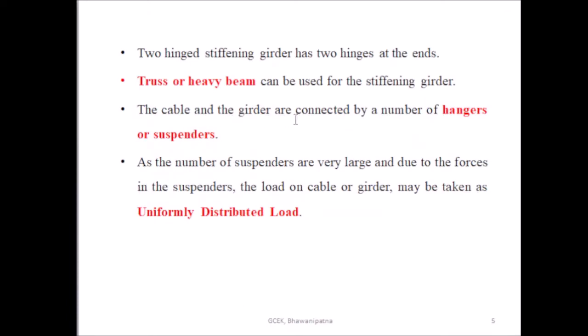As the number of suspenders is very large, and due to the forces in the suspenders, the load on the cable or girder may be taken as a uniformly distributed load.